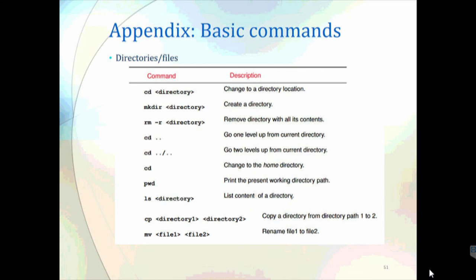Just remember that whenever you are using the rm command, be very, very careful. Rather, I suggest that you don't use the rm command. You can go to Windows Explorer and do drag and drop or delete manually, because the rm command using the r option will remove whatever directory you specify without asking you for a prompt, without confirming from you that you want to remove this file.